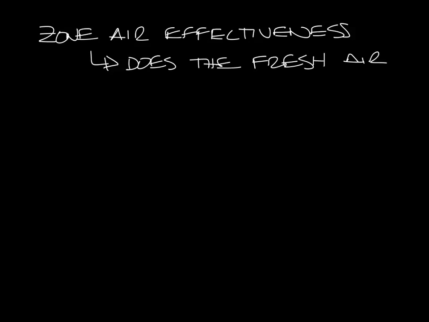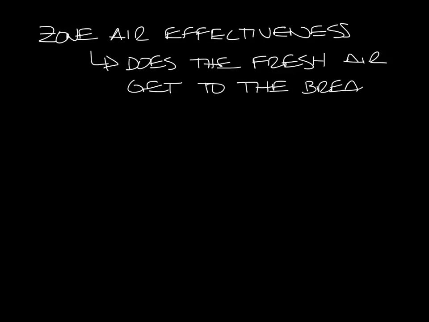So let me move this over a little bit because I want to discuss one more section, zone air distribution effectiveness. So different air distribution methods have different ventilation effectiveness. Zone air distribution effectiveness is the measure of the effectiveness of the supply air distribution system to get the ventilation air into the breathing zone.